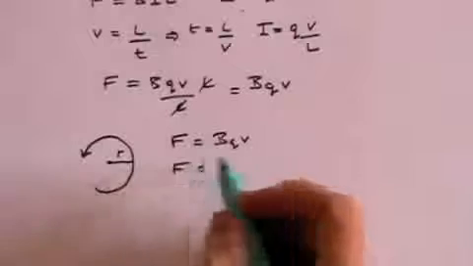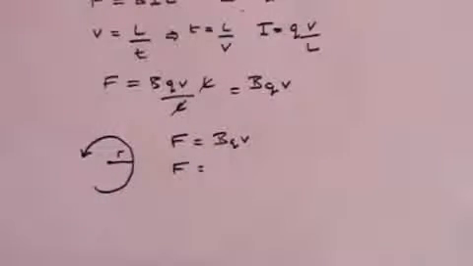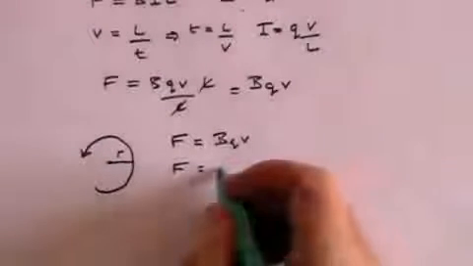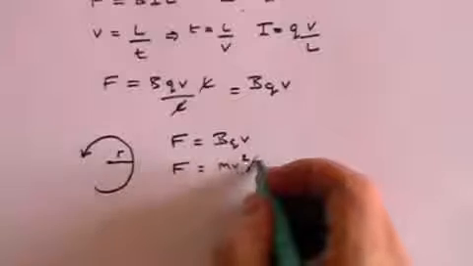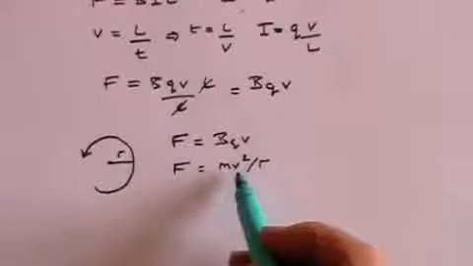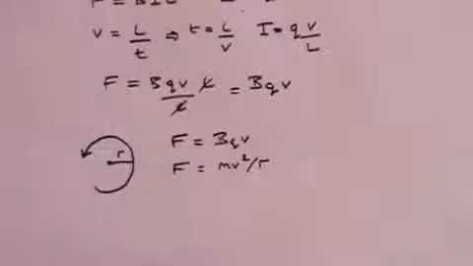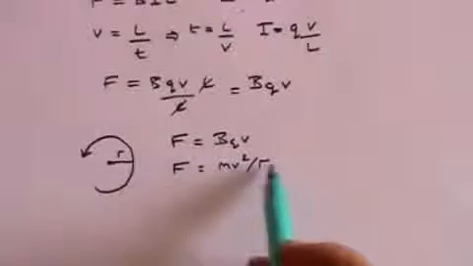But we can also say that if anything moves in a circle, then there is a centripetal force acting on it to cause it to do so. And the value of the centripetal force is mv squared over r, where m is the mass of the particle, v is its velocity, and r is the radius of the circle. And those two have to be equal.